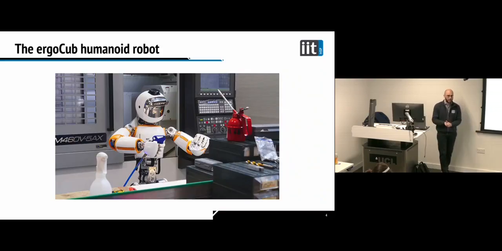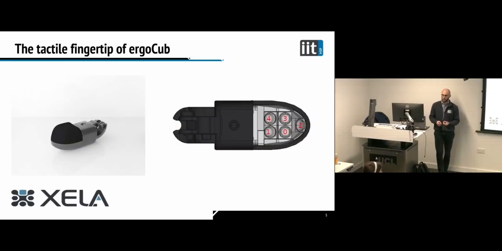We use ergoCub at the IIT, which is the evolution of iCub, and this one is aimed for industrial manufacturing scenarios. The hands of the ergoCub are equipped with tactile fingertips, and these are developed by an external company in collaboration with IIT.